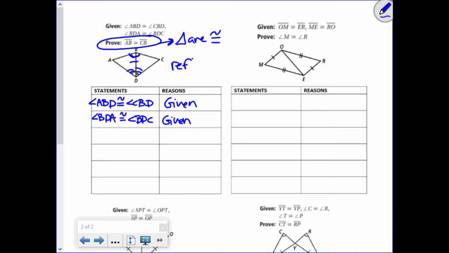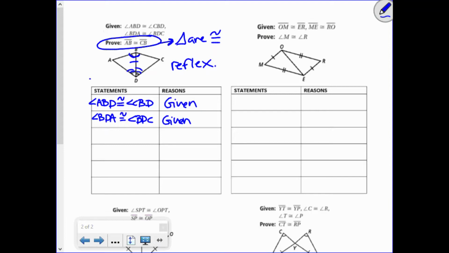So I can say that that middle line, the line that the two triangles are sharing, is congruent to itself. That's a reflexive property. So I can go ahead and write it down. Now this is where you guys have a little bit of a crutch. On the previous page, when we had reflexive property, we were using the names of the triangles to decide how to organize the letters so they were in the same order. You can't do that here because they haven't named the triangles. So this one, you're going to have to figure it out on your own to decide what the order should be.